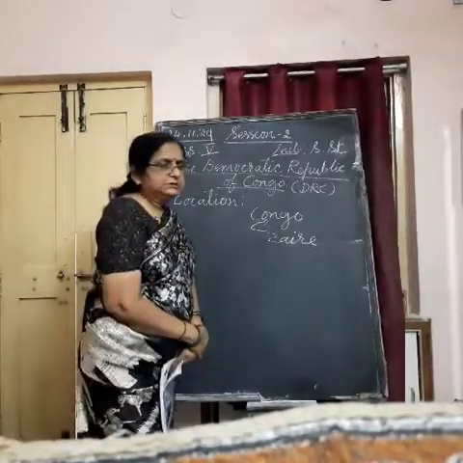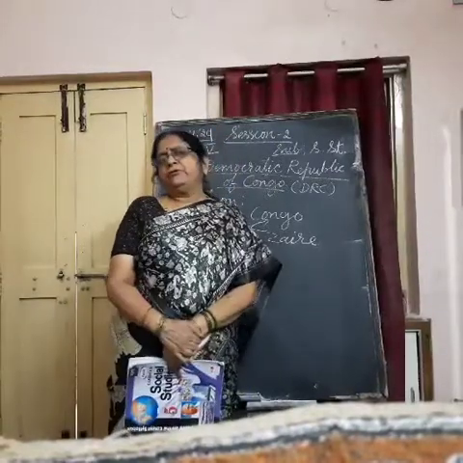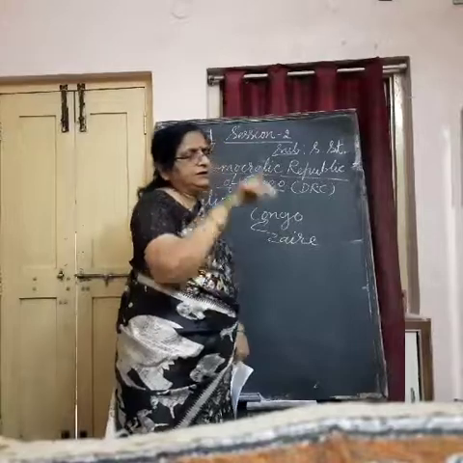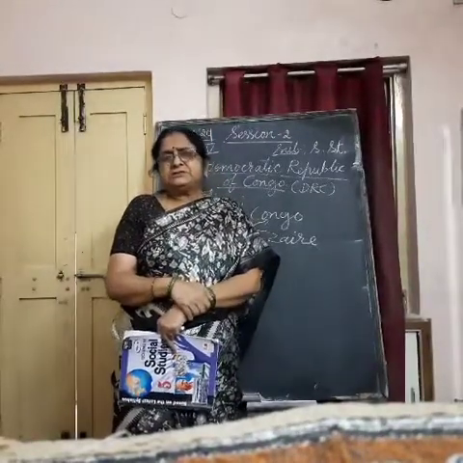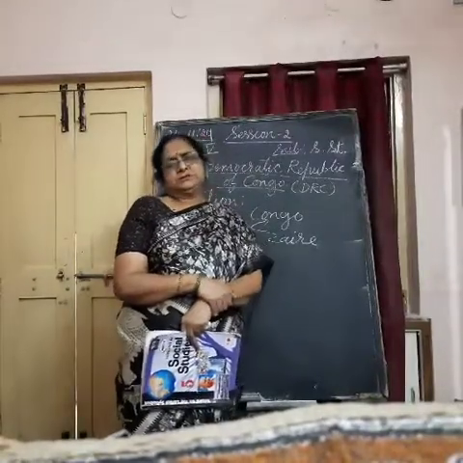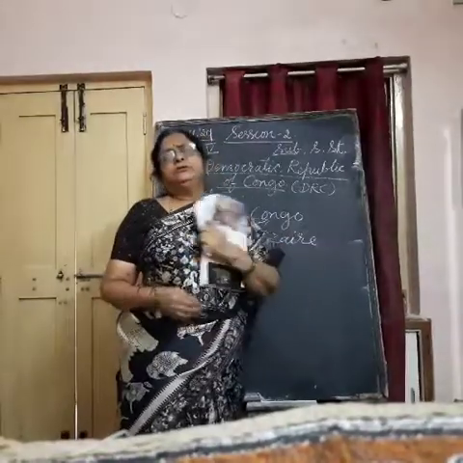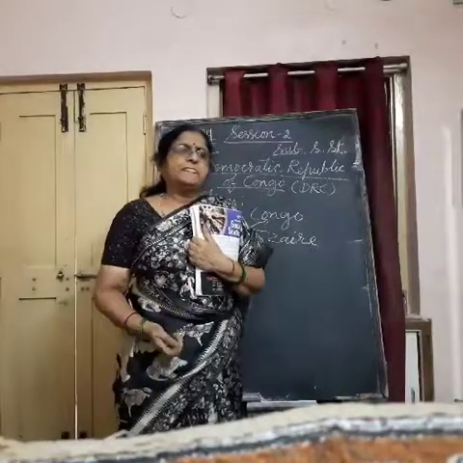Why? Because Congo River serves many purposes for the people of Africa who are living around it. What are they? It serves as a means of transportation, so people use this river for transportation. Why?